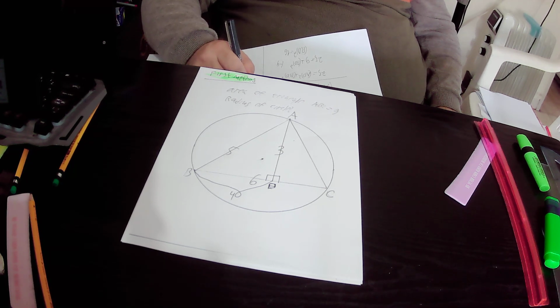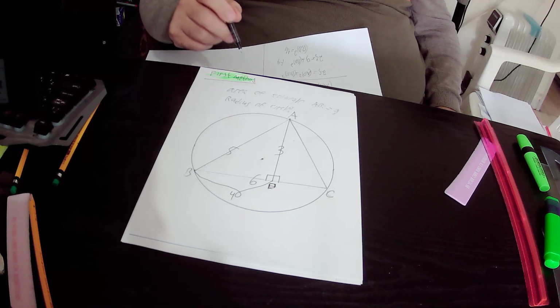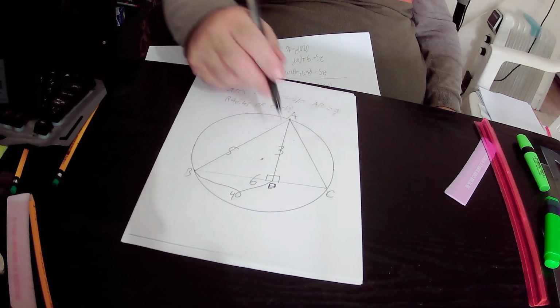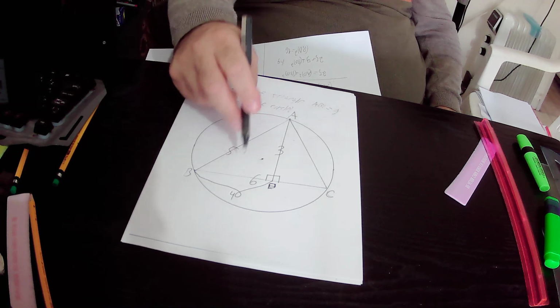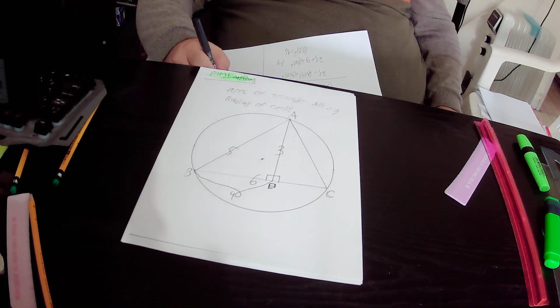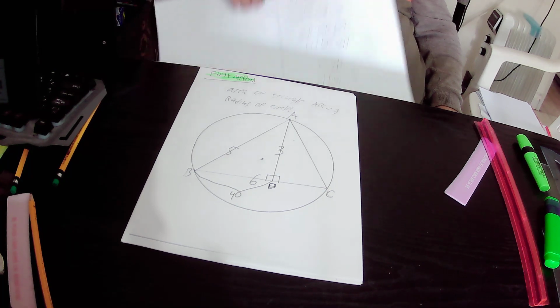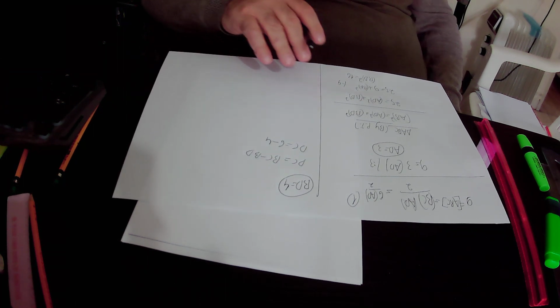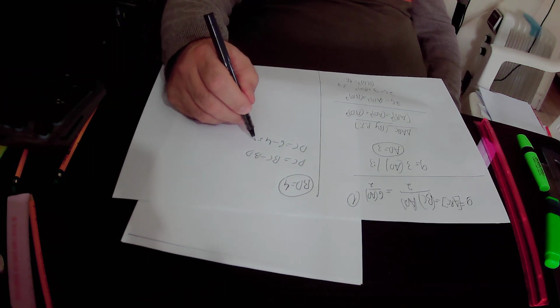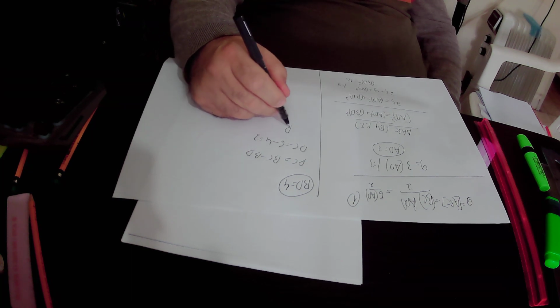That is to say, DC equals BC, that is 6 units according to what is given in the question, minus BD, that is 4 units according to what we just found out. So this equals 6 minus 4, that is 2. So we found that this equals 2 units.